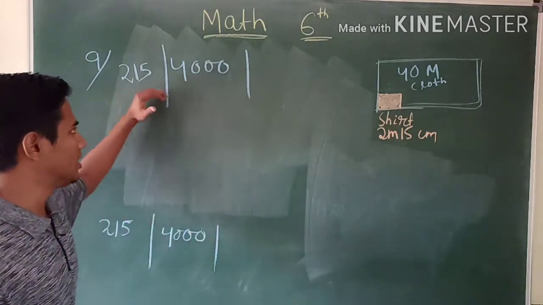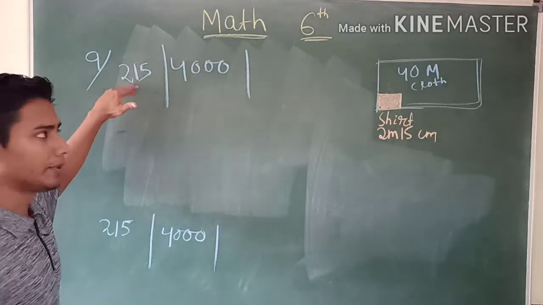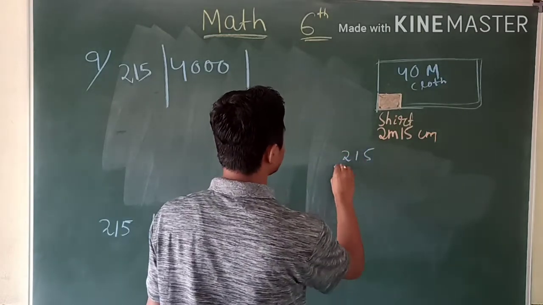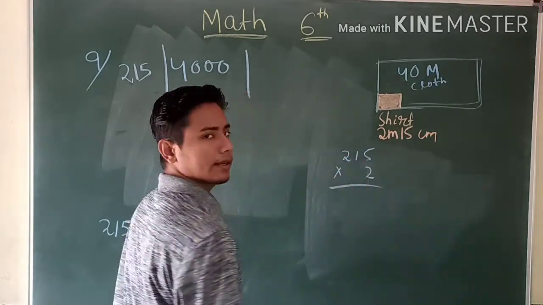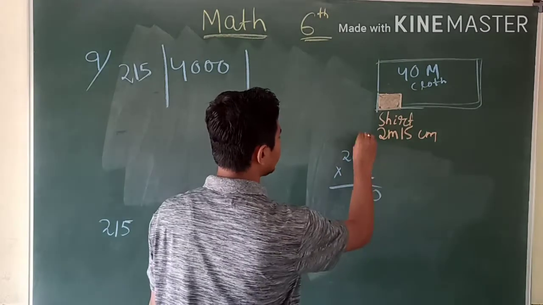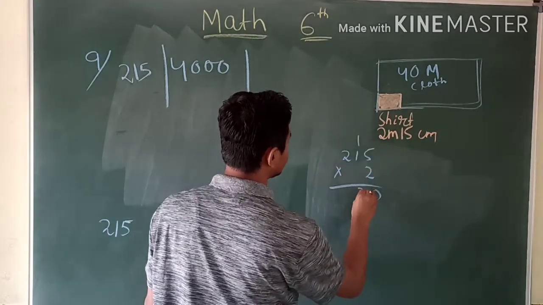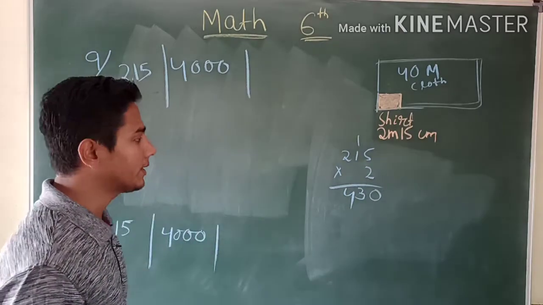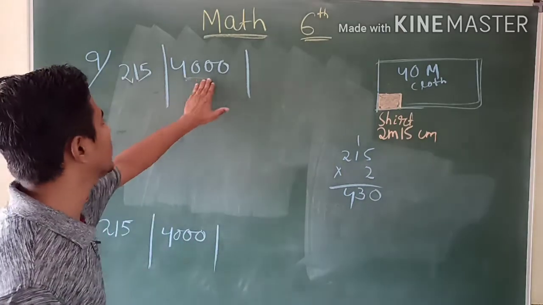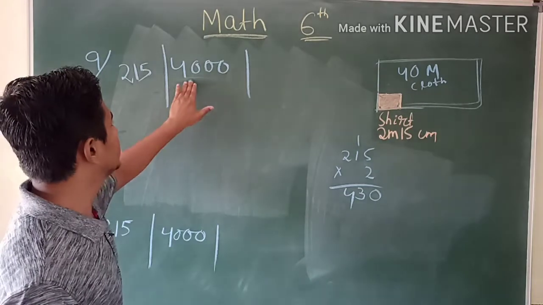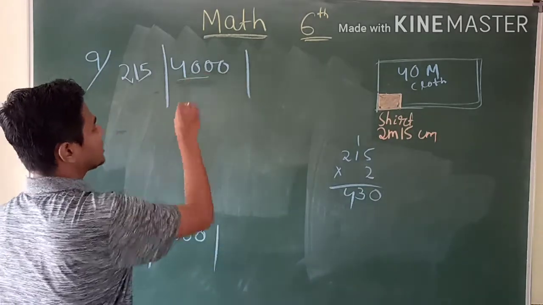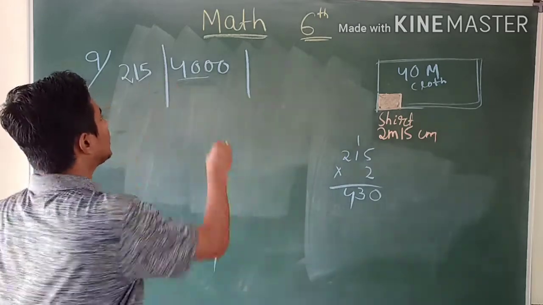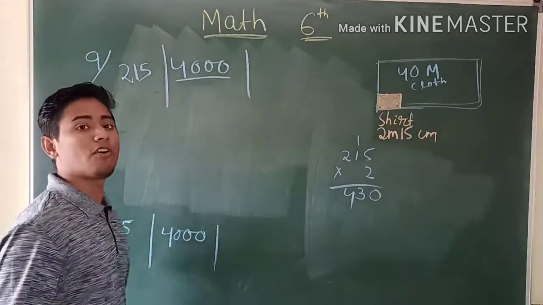All of you know multiplication. So start multiplying. Here is 215. I take 215 into 2 first. 2 5s are 10, carry 1, 2 1s are 2, plus 1 is 3, 2 2s are 4, 430. But 430 is not there. If you take these 3 digits, it is less than 4000, so you take directly all 4 digits, 4000.